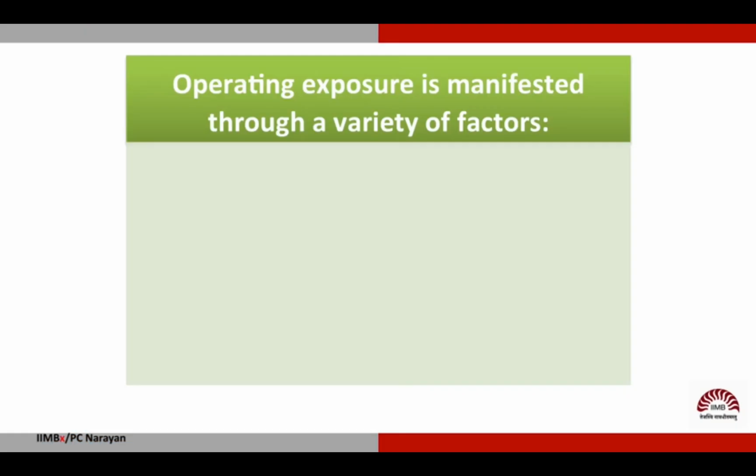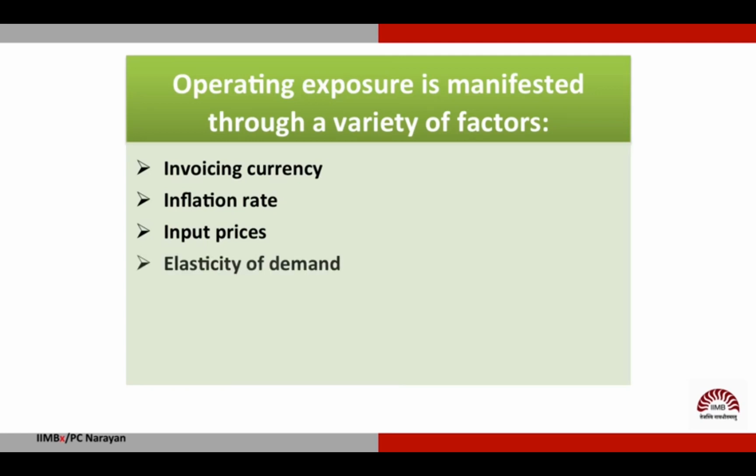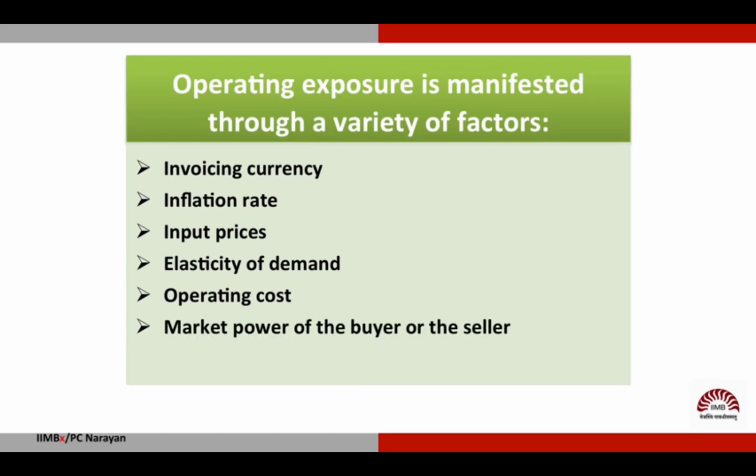The examples that we just saw in those spreadsheets clearly suggest that operating exposure is manifested through a variety of factors. These include the invoicing currency, the inflation rate, the input prices, the elasticity of demand, the operating cost, the market power of the buyer or the seller, and the reaction of competitors to the above factors.